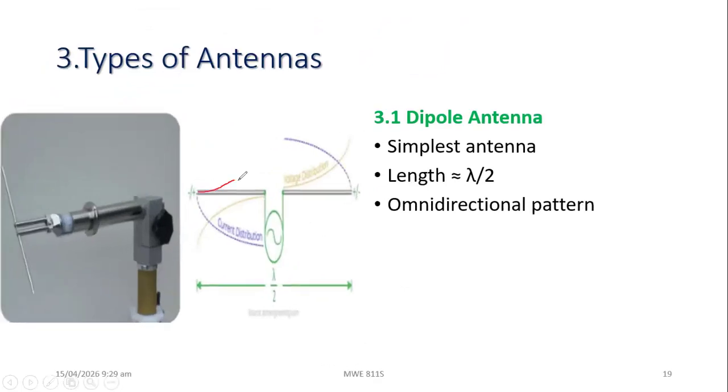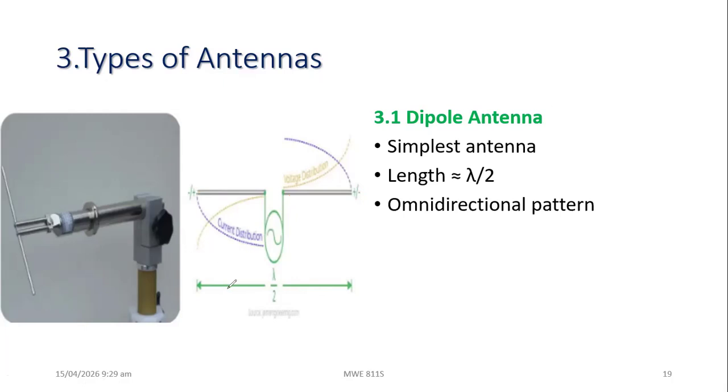There is this wire bent like that, and another wire bent like that, and then you connect your cable here. You can use this to radiate or even receive electromagnetic waves. So that is called a dipole.